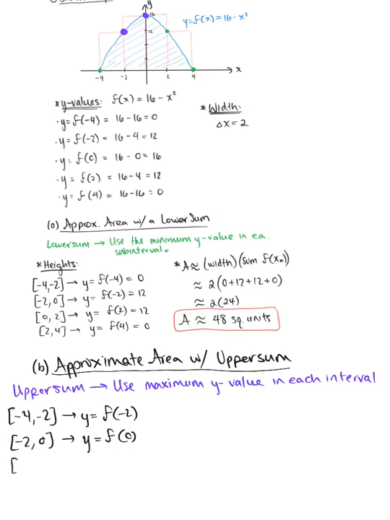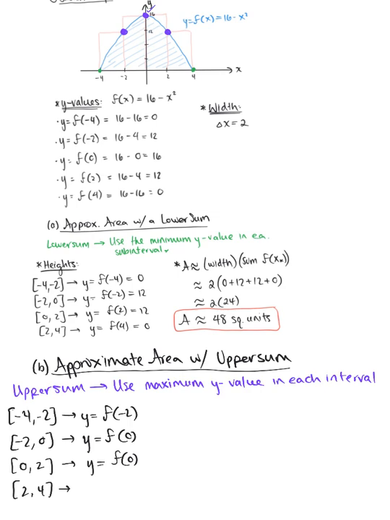So now thinking about the interval from 0 to 2, again, which x value produces the larger y? And again, it's still at 0. So we have f of 0. And then last but not least, we have the interval from 2 to 4. And we think which one of those endpoints produces the larger y?